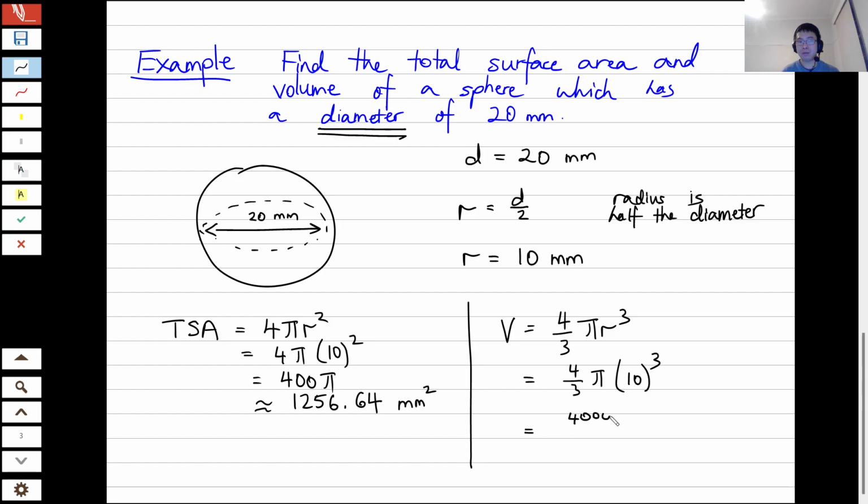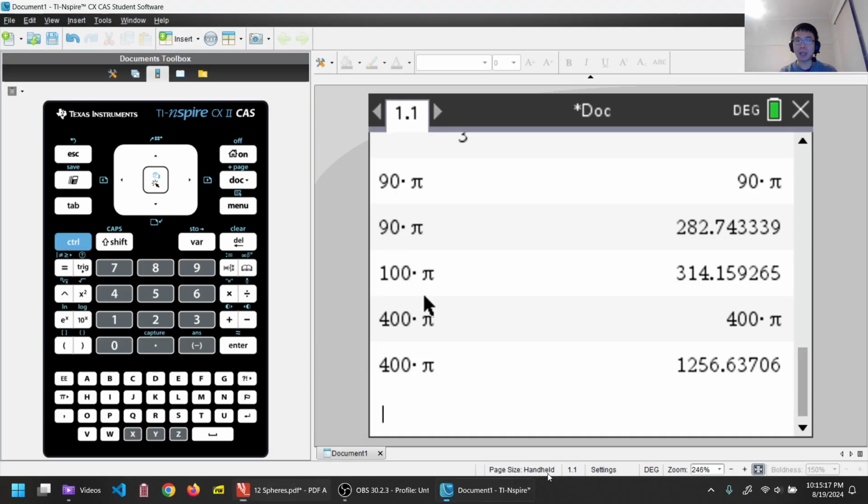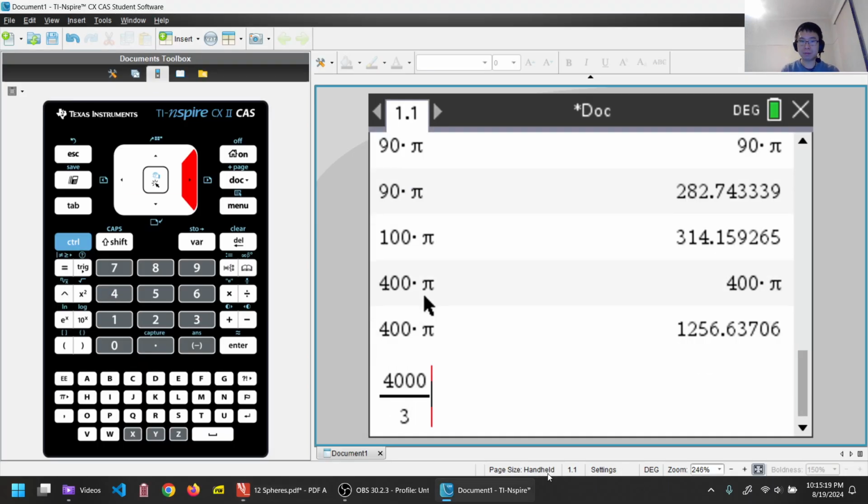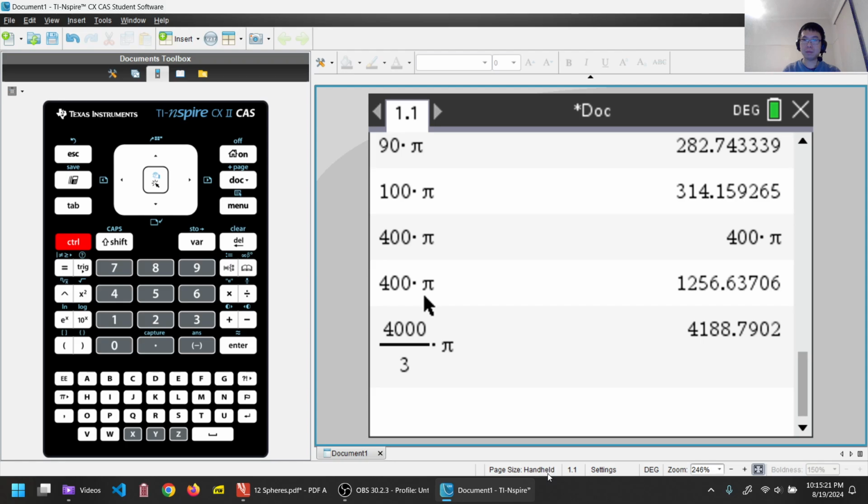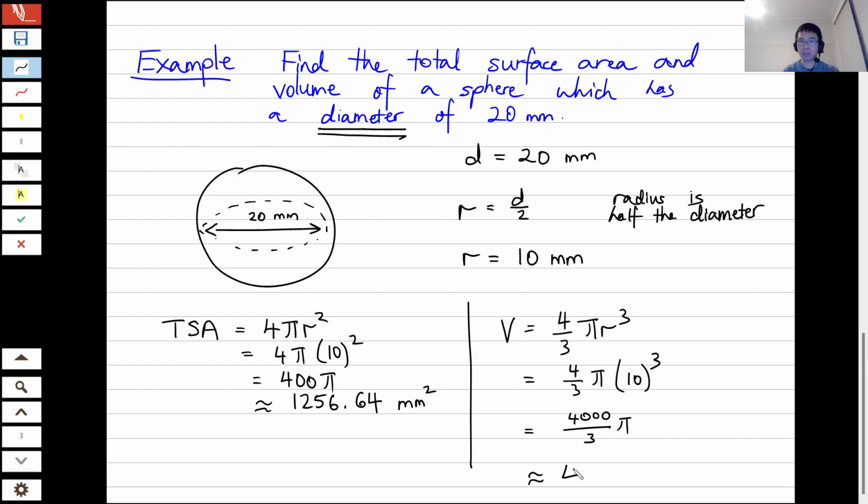So this is actually 4,000 over 3 pi. And if I do the calculation, I get the following: 4188.79. And my unit is a volume, so I need millimeters cubed.